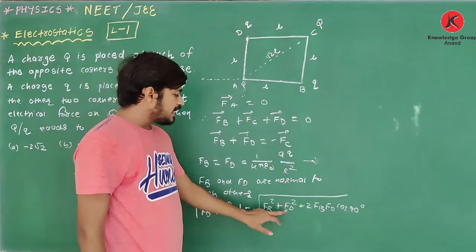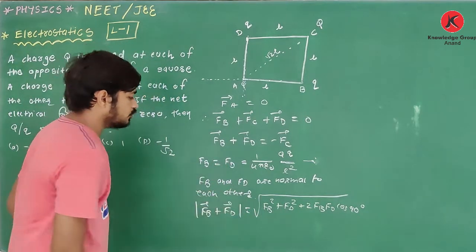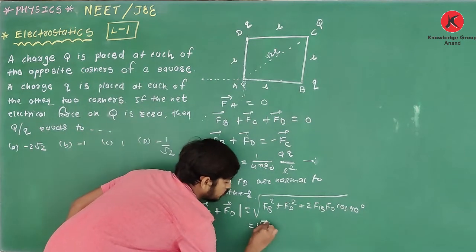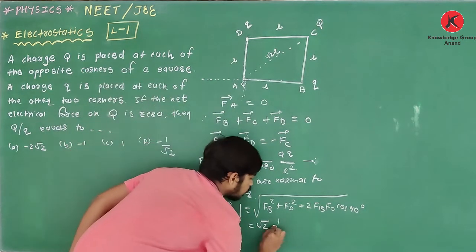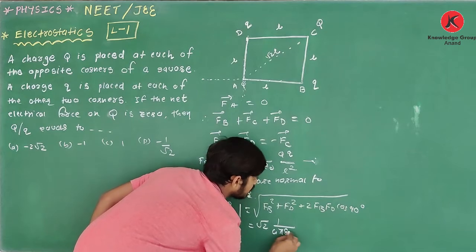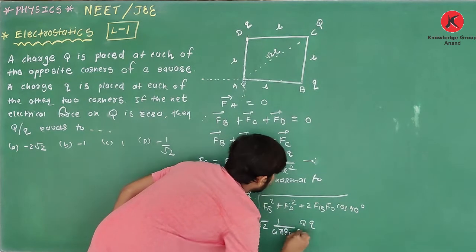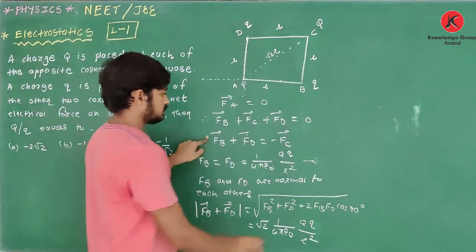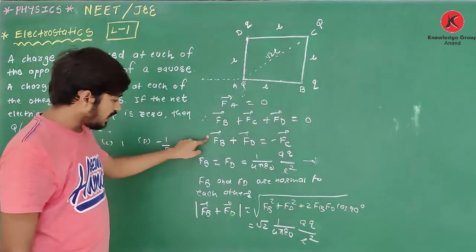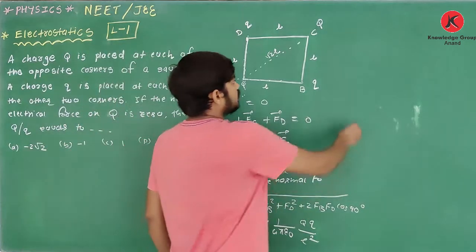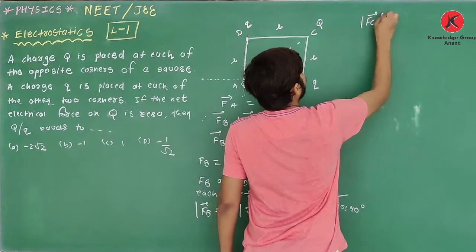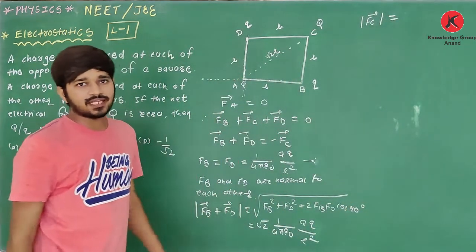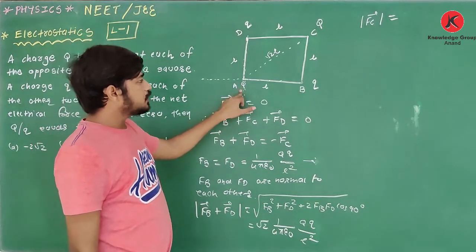Okay, but FB and FD have equal magnitude. So I can write it is root 2 times 1 upon 4 pi epsilon 0 Q q upon L square. Okay, so it is the mod of FB plus FD. Now what is the mod of FC? Mod of FC means the magnitude of force acting on A due to C.